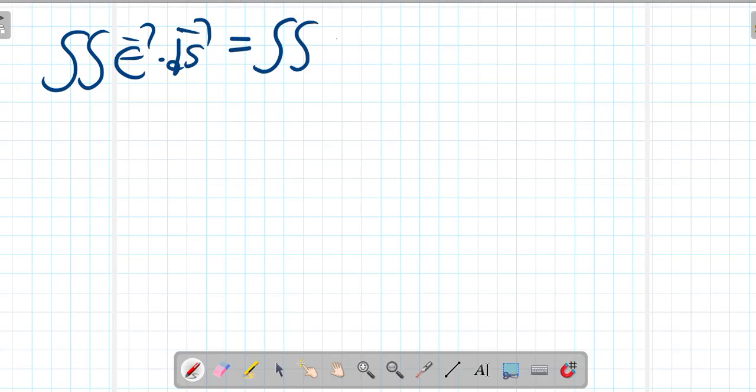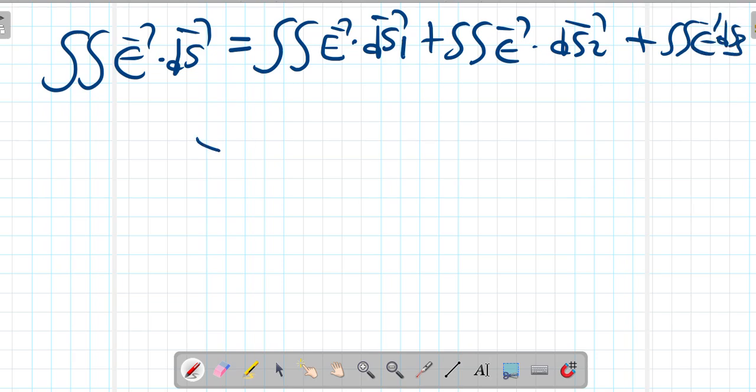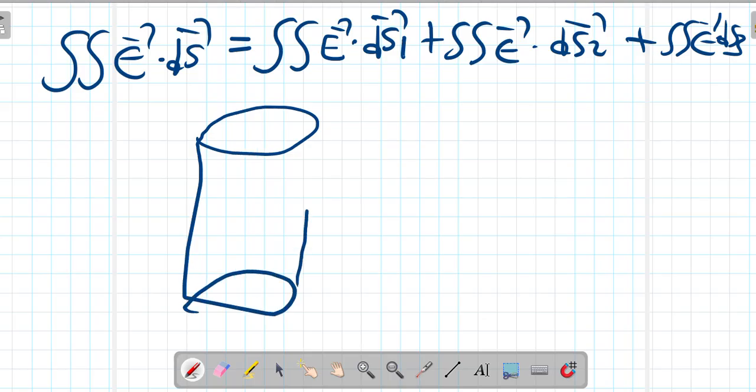Here it's a cylinder: the integral of E dot dS1 plus E dot dS2 plus the double integral of E dot dS3, where this is our cylinder surface which cuts through the infinite plane. This is a section that encloses the charges. Then of course this is the same surface as this.